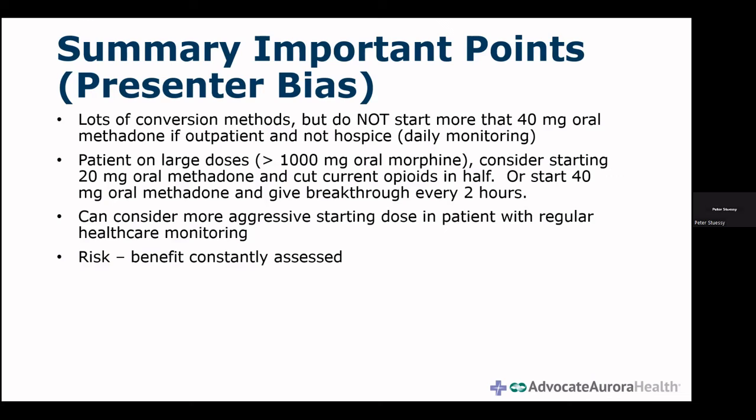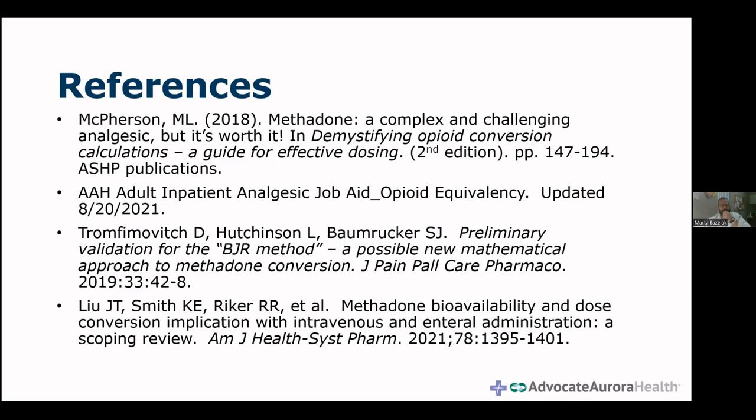The risk is definitely there titrating that quickly, but the benefit of getting that pain control on board might outweigh that risk. Again, most everything from today came from McPherson. However, I do have a couple of that BGR method and that recommendation to change from 1 to 1.3 perhaps on the IV to oral is the reference at the bottom.